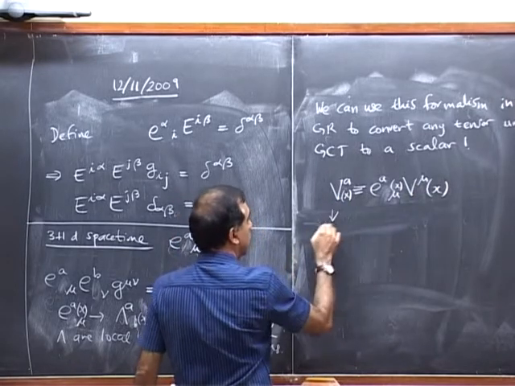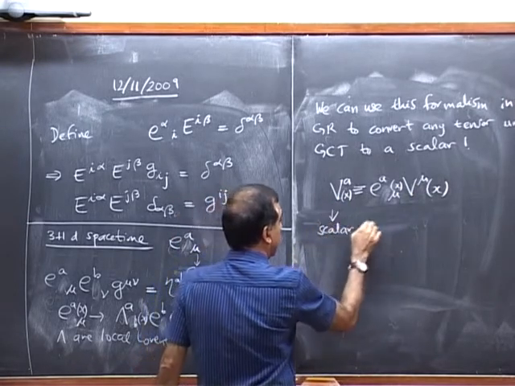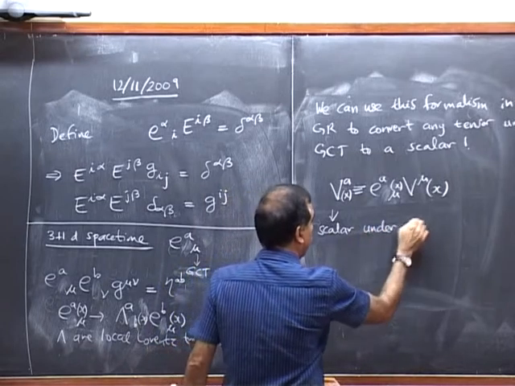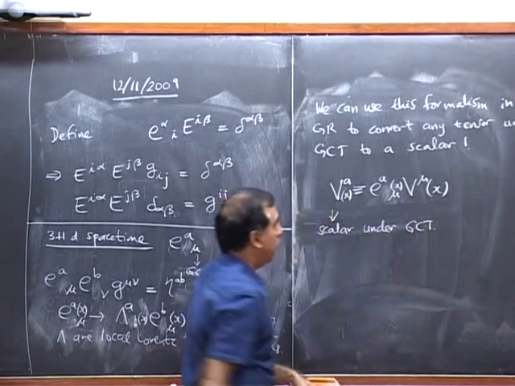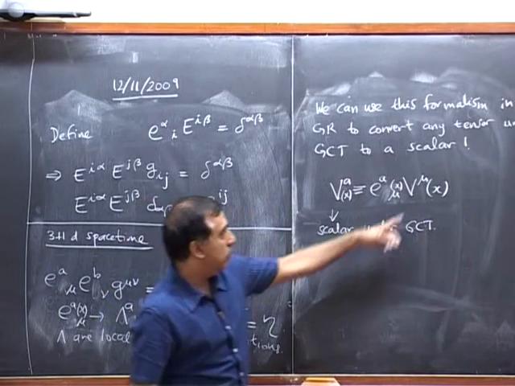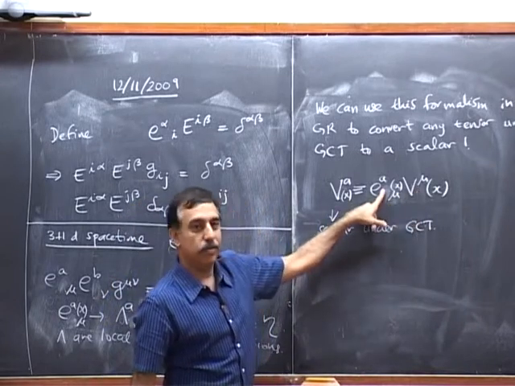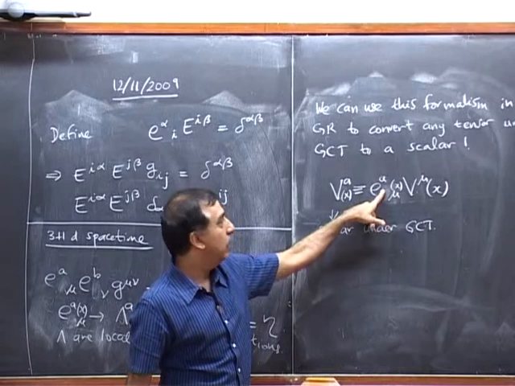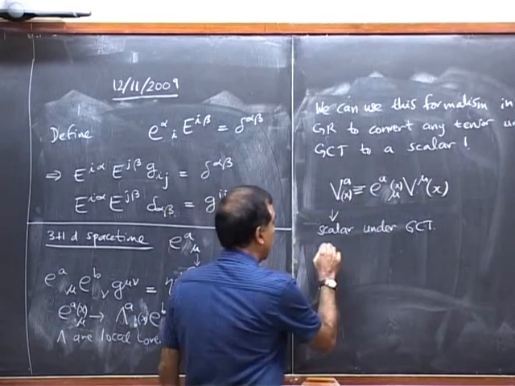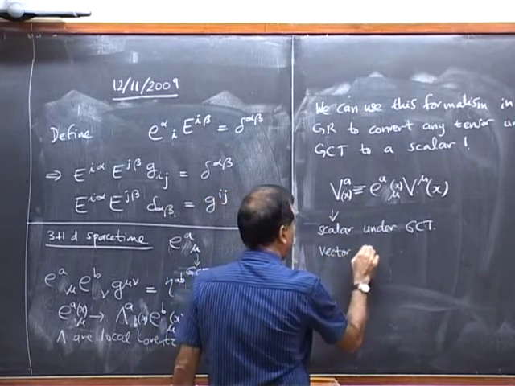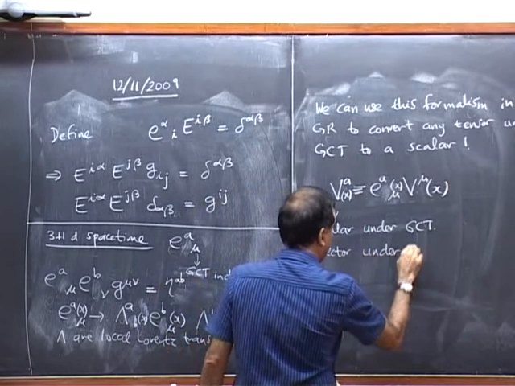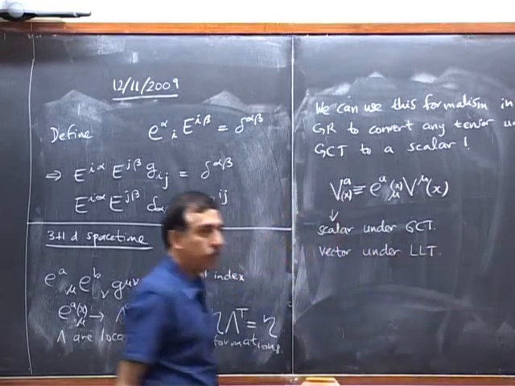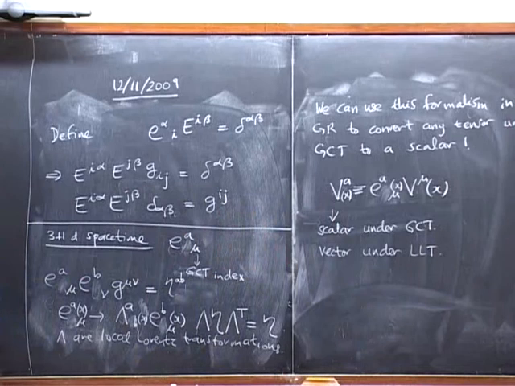So this is what I promised. Scalar under general coordinate. On the other hand, if I make an LLT, local Lorentz transformation, this doesn't care, but this transforms. Okay. Therefore, this also transforms. So vector under LLT. So we've given up something and we've got something else.